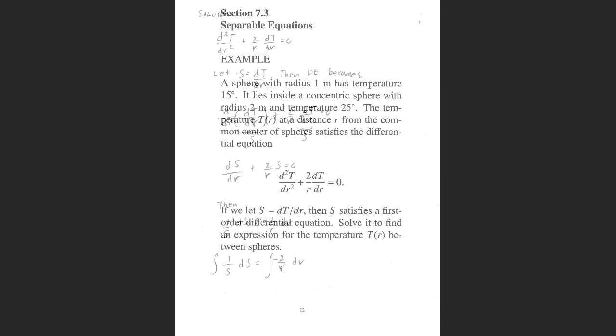So now what we can do is apply this initial condition, substitute it in this equation here, and when we do so, we'll get 10 equals k over 2, which means k is 20.